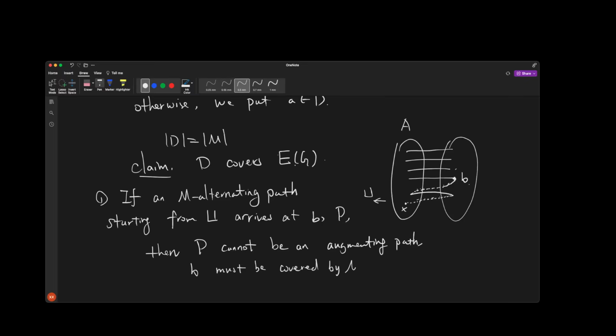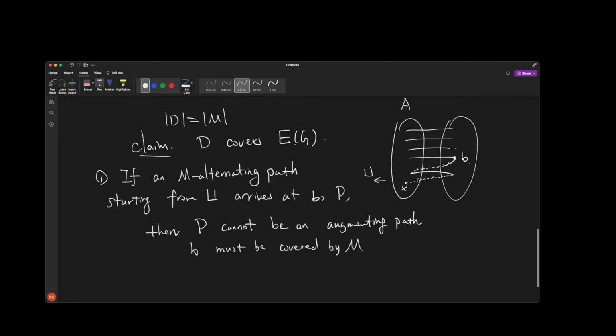by M. Okay, so remember the definition of augmenting path.